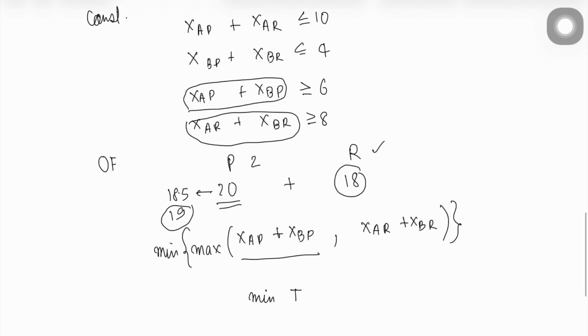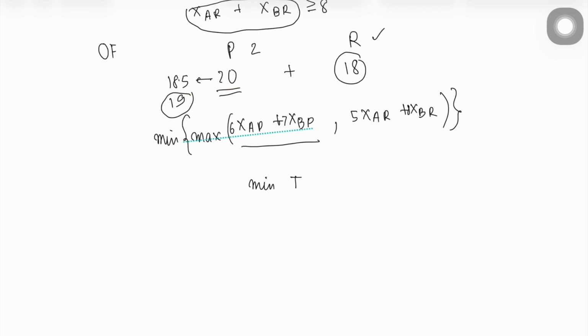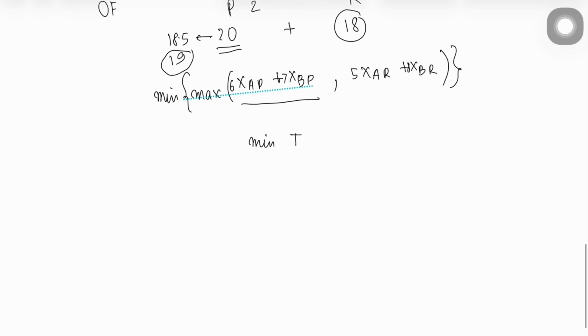So for AP it took 6 hours, for AR it took 5 hours, BP 7, and BR 8. And now since we have said that the maximum of these two is the value t, we can write an inequality equation: 6AP plus 7BP will be less than or equal to t, and similarly 5AR plus 8BR will also be less than or equal to t.